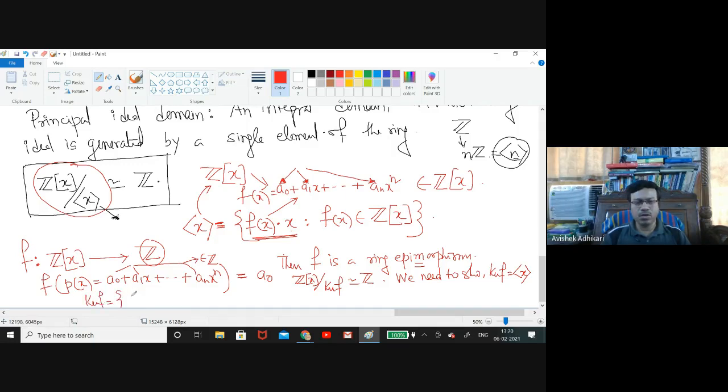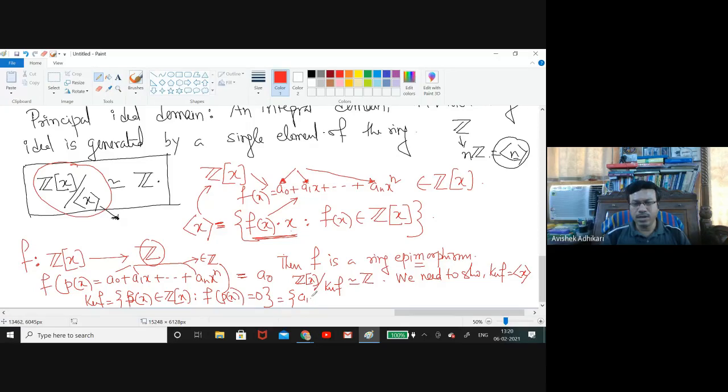This is nothing but all such polynomials p(x) belonging to Z[x] such that F of p(x) equals the zero element of Z, that is zero. F of this means the constant term. So the constant term a0 should be equal to 0, and that is nothing but all the polynomials of this form.